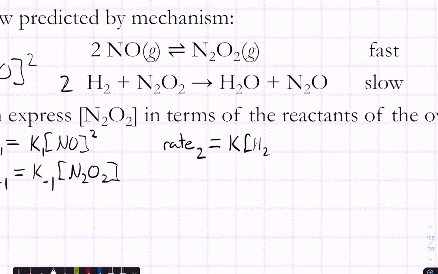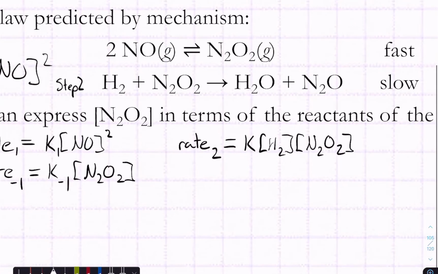Oh, wait, this is step 2. H2 times the concentration of N2O2. So we want to now replace this N2O2, which is an intermediate, and it's really only a hypothetical intermediate in our proposed mechanism, with a rate that describes that.